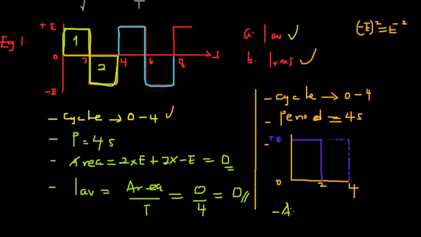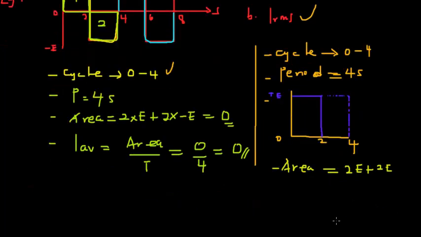For this entire cycle, we have 2 times e, considering the first half cycle, and then plus the second one, with length 2 and breadth e. From here, you notice that this will give us 4e.